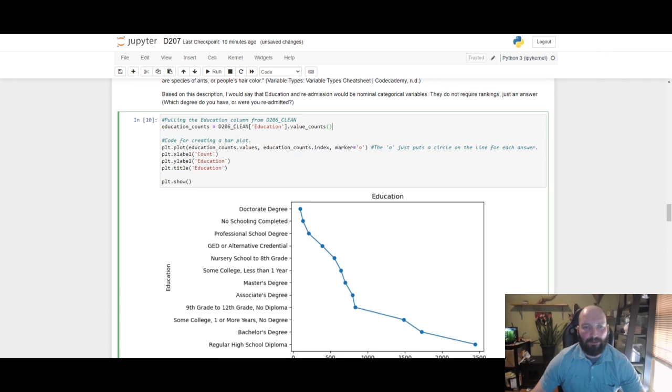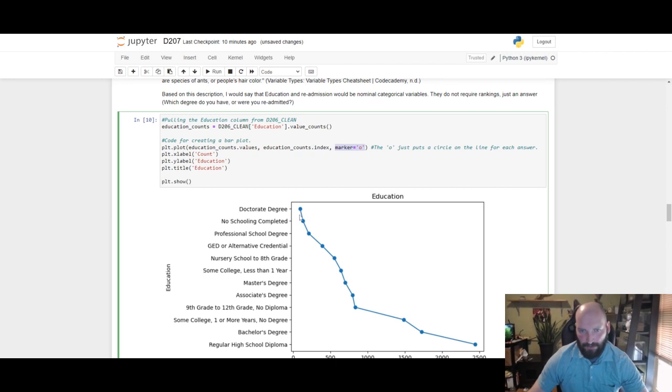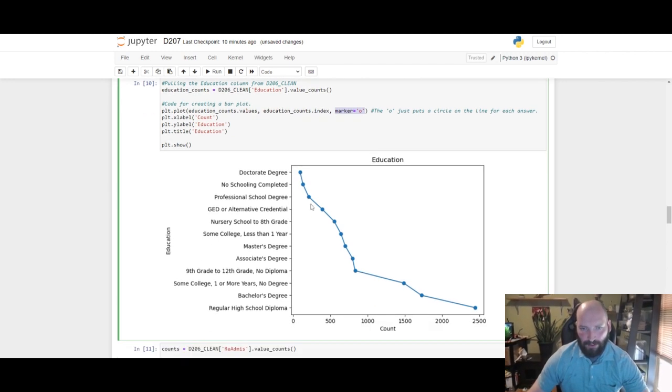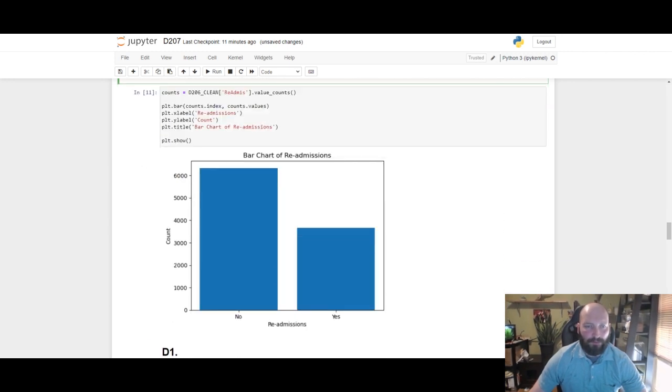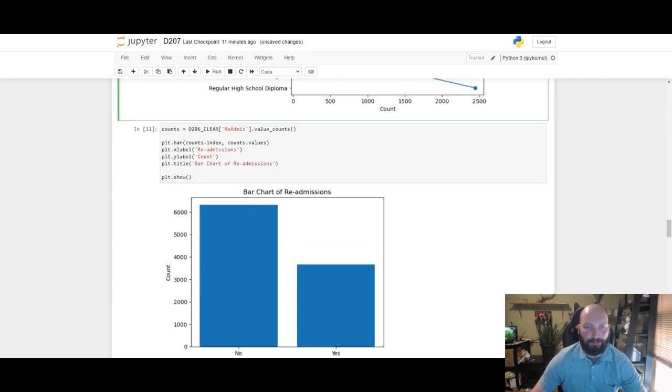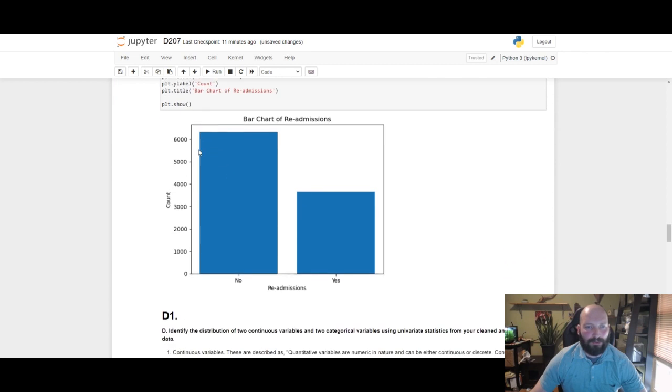So we're just looking at education counts and the values. And this marker doesn't have to be there, but it just helped me. That is the circles, and that just tells me where this is plotting out as. You don't have to have that. And so for readmissions, the same thing, except for this is just going to be a bar chart and telling us the amount of no's versus yeses.